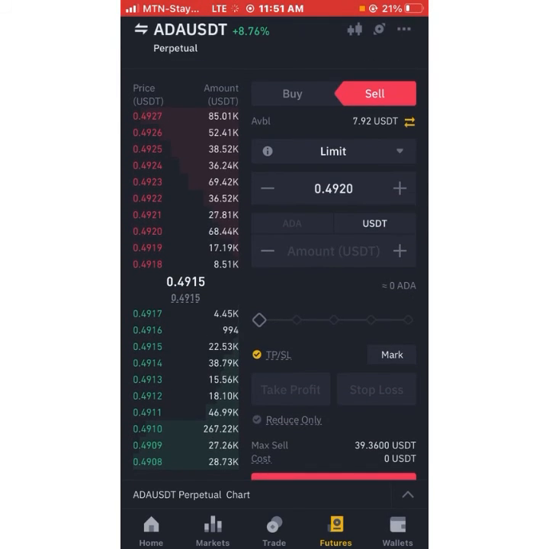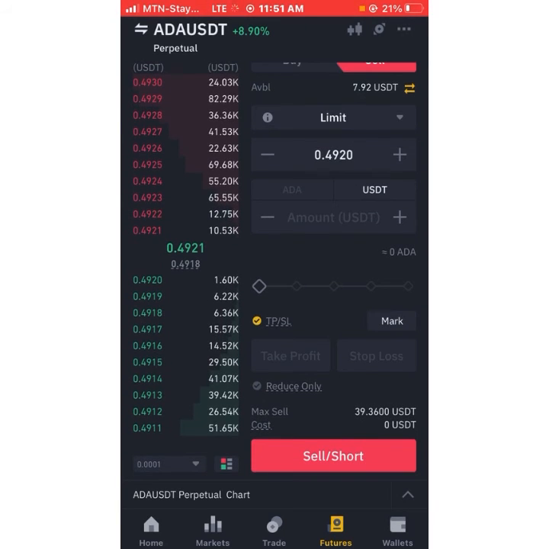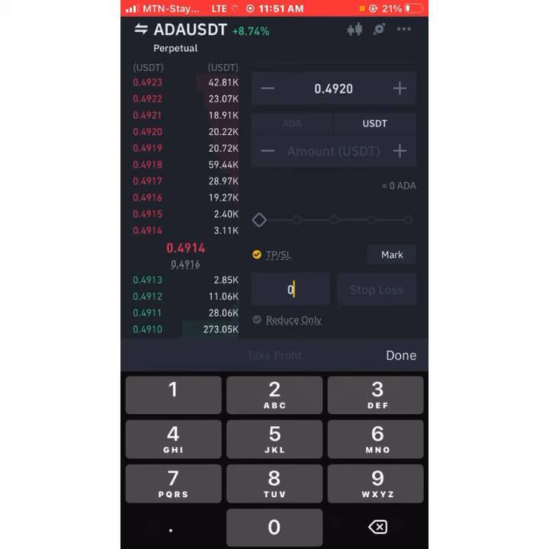If you project that the price is going to drop from this limit, when you go down the limit, you see that the price is going to drop from the current price, it means you are going to place a sell order. Let's say I'm projecting the market is going to drop from 0.4 to 0.3. So I'll come down to my take profit and click on 0.3920.